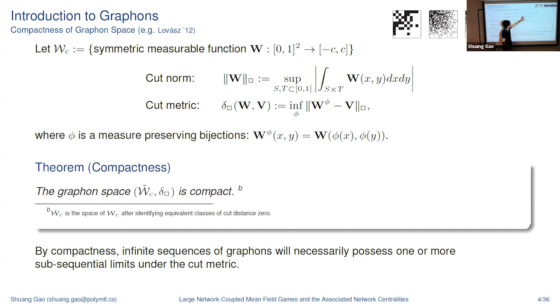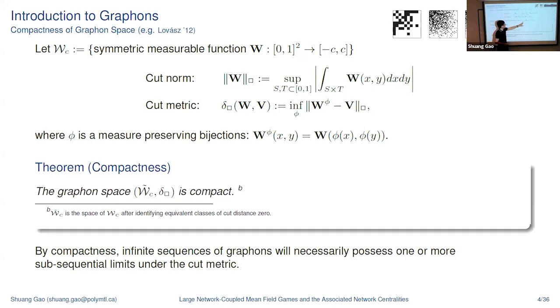So this identifies the maximum cut for the graphon object. Now this is just for one graphon object. If we want to compare two graphon objects, we need to introduce something a bit more, which is this notion phi here, which is a measure preserving bijection, which in the finite graph case is just a relabeling of the graph.